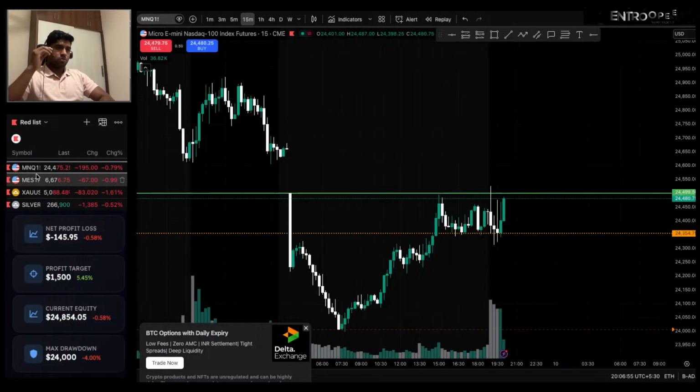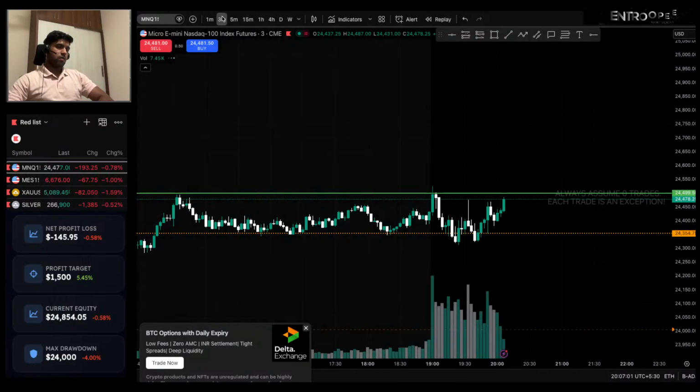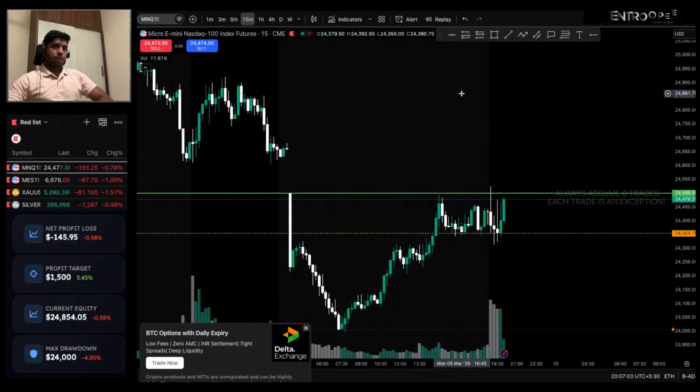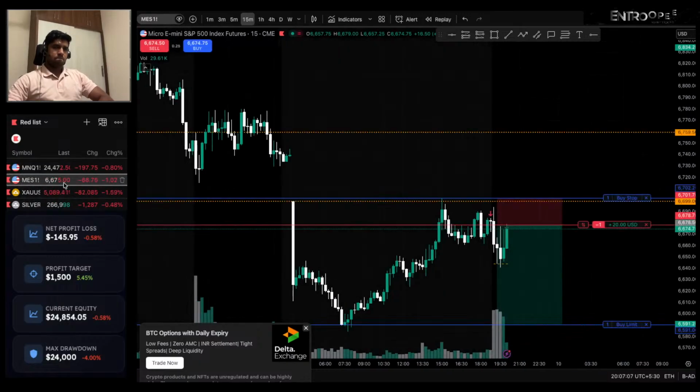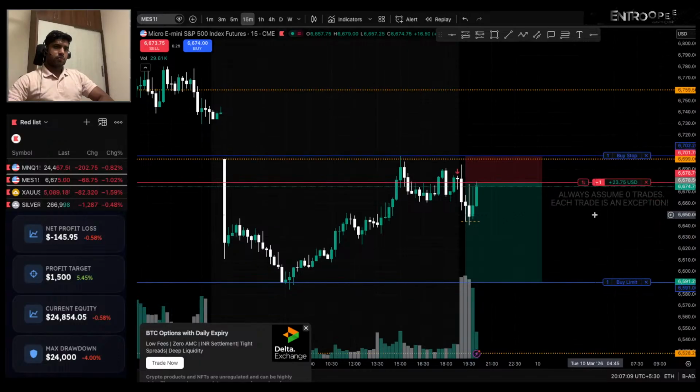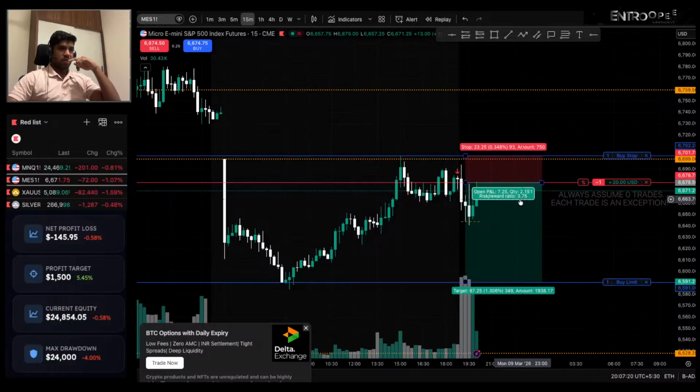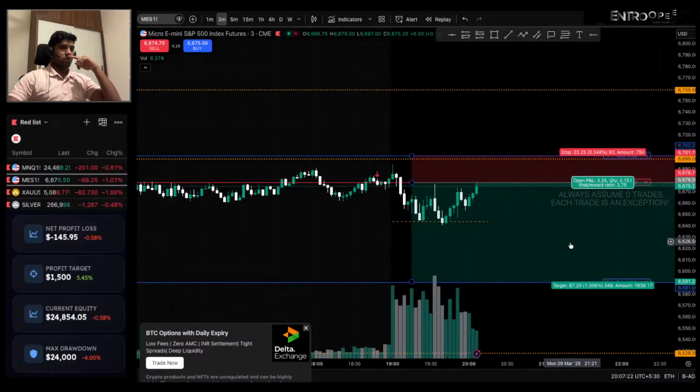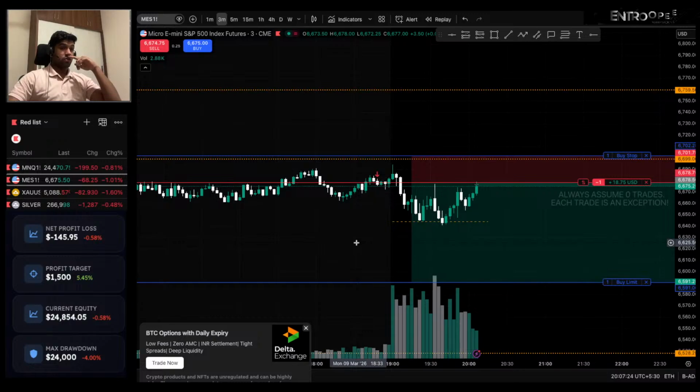Let's look at MNQ, see how it's going. Okay, it's going up. MNQ is gonna take out the high again. It did take out the high that we mentioned. Now let's see how it reacts over here. Okay, it's still showing strength.